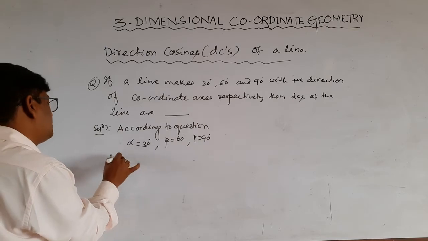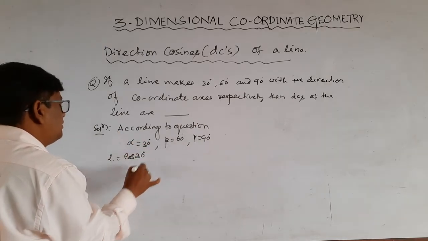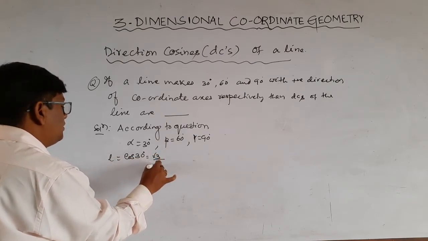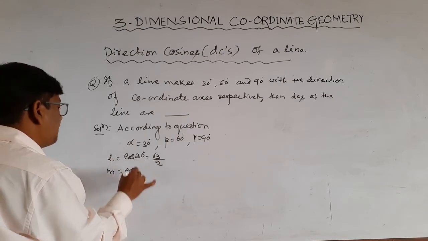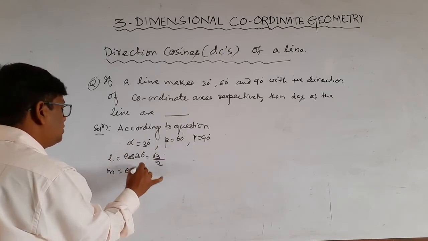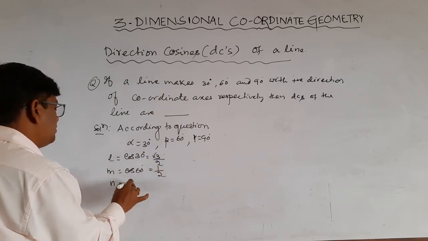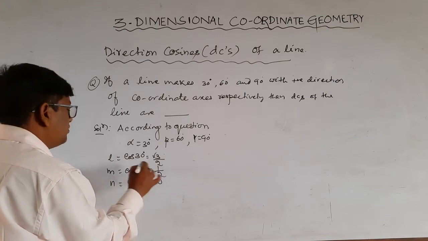Now L is equal to cos alpha. Alpha means 30 degree. Cos 30 is equal to root 3 by 2. M is equal to cos beta. Beta means 60 degree, which is equal to 1 by 2. N is equal to cos gamma means 90 degree. Cos 90 equal to 0.